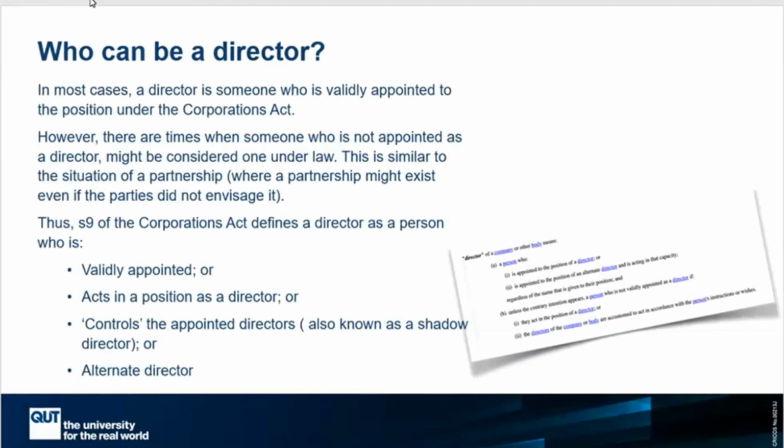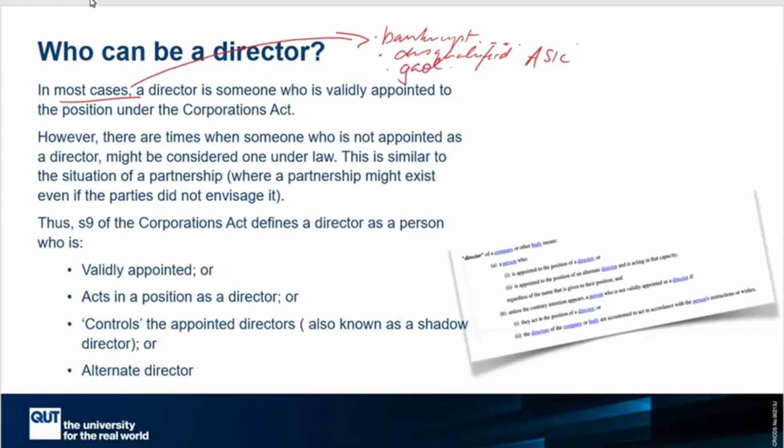Now, I've got here that in most cases, a director is someone who's validly appointed. Yes, there are some times when you can't be a director. So, for instance, if you're an undischarged bankrupt, or if you've been disqualified by ASIC, you can't be a director. I think if you're in jail, you can't be a director.